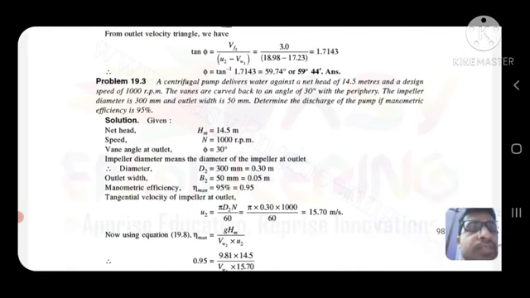Phi is equal to tan inverse 1.7143, which is 59.74 degree or 59 degree 44 minute.